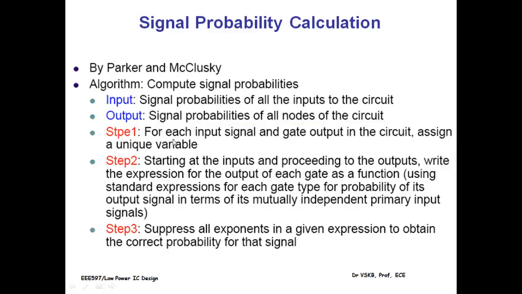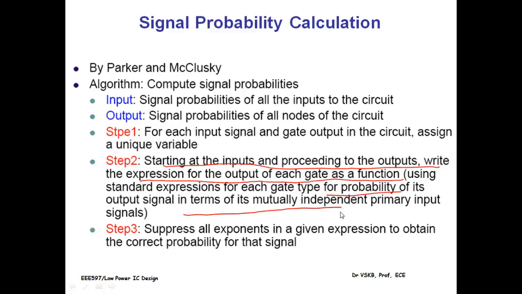Step 1 would be, for each input signal and gate output in the circuit, assign a unique variable to identify, and starting at the input and proceeding to the output, take down the expression for the complete output of each of the gates as a continuous sequence till you reach the output, and for their probability you substitute and find the output.